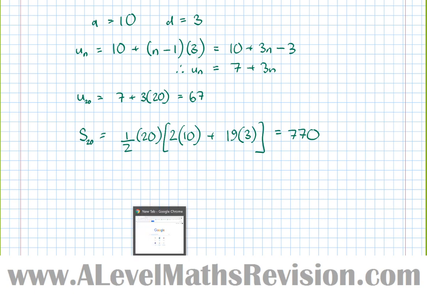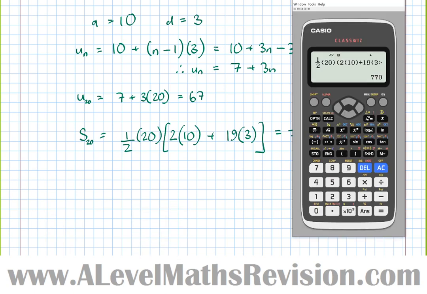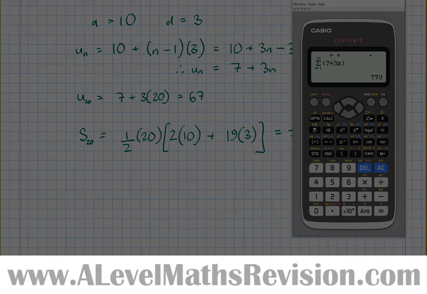And there's a way on your calculator that you can check these answers using the summation button in the top right. So top right gives you that. And we've got an nth term for it. It was 7 plus 3n, except the calculator uses x. 7 plus 3x. And we want all the terms between 1 and 20, which should give us exactly the same answer. So we can actually use that button as well to check our answer.